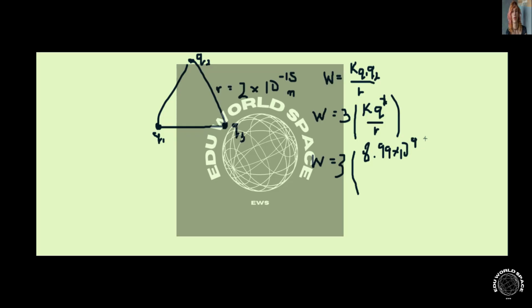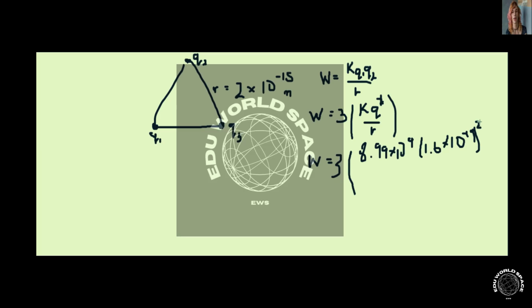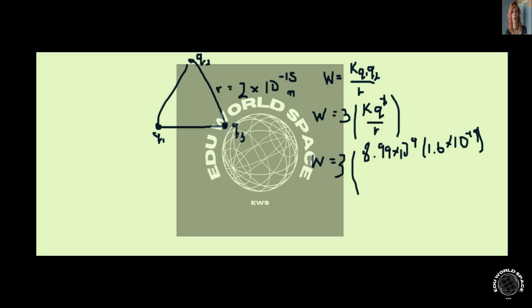And then we know the charges for the electrons are 1.6 times 10 to the power of negative 19. So these are the charges, and we know that this whole thing is squared because there are two charges. So let's square this, negative 19.